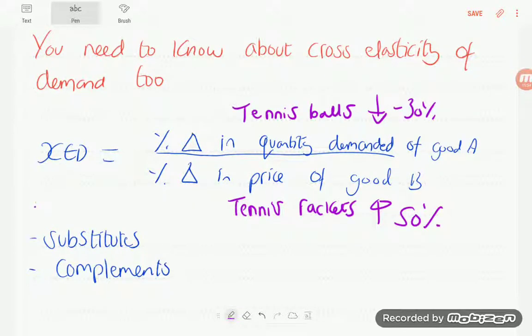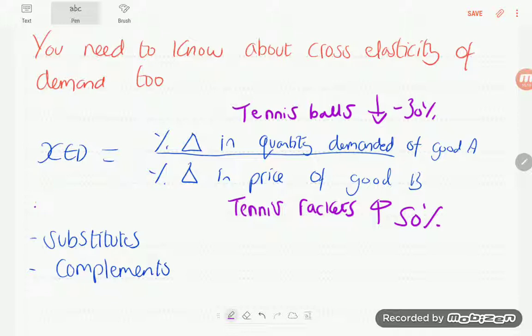So with the tennis balls and tennis rackets, we're going to see that these are complements. You can see that the arrow for tennis rackets is increasing. That's telling us the price of tennis rackets is increasing. So unsurprisingly, people buy fewer tennis rackets. Well, obviously, if you buy fewer tennis rackets, you're going to demand fewer tennis balls. This explains why the arrow for tennis balls is pointing down.